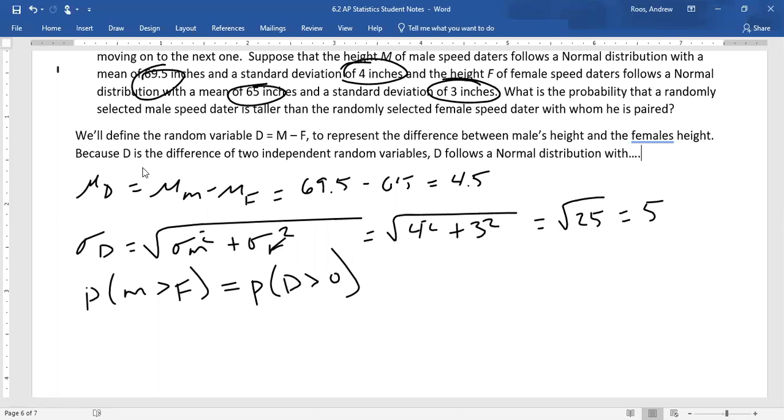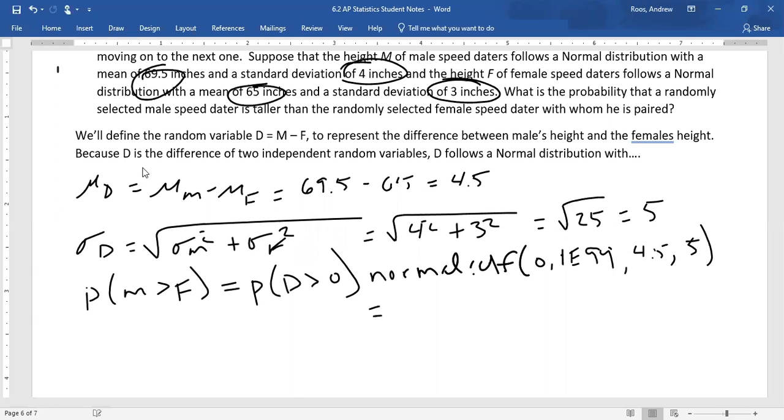Using technology, using your calculator, you could do normal CDF, lower bound 0, upper bound 1E99, mean 4.5, standard deviation 5.